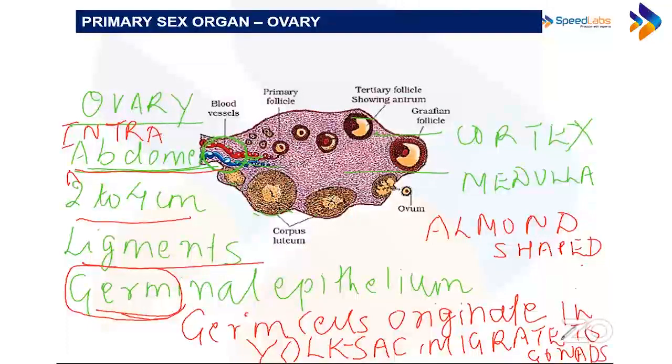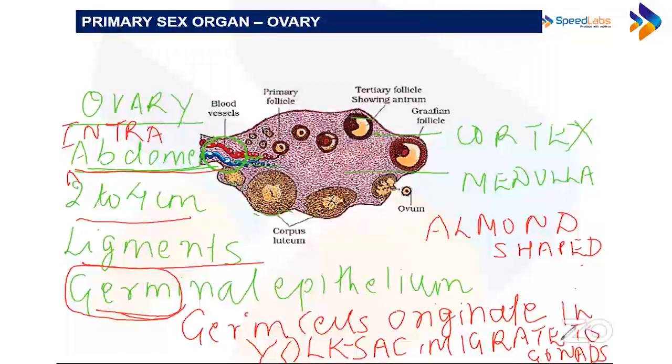So let us just once again repeat this information. Ovaries are 2 in number, they are almond shaped, they are intra-abdominal, around 2 to 4 centimeters, and they are connected to the body wall as well as the uterus by ligaments. And the lining of the ovary is germinal epithelium.